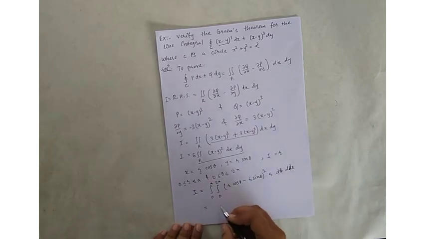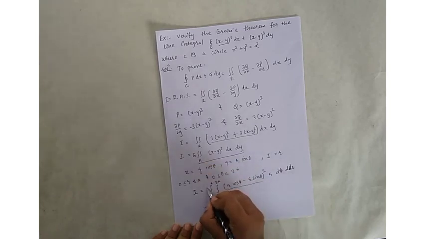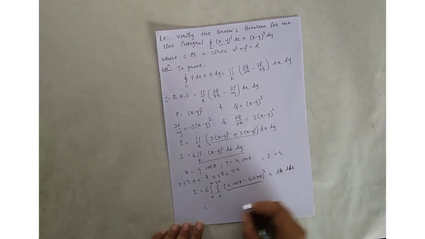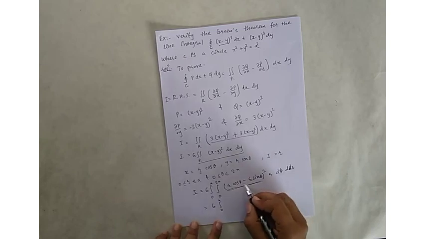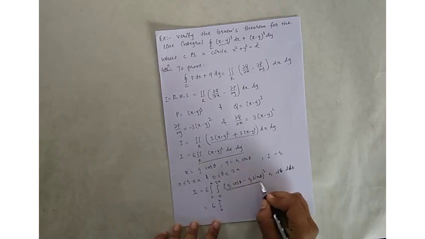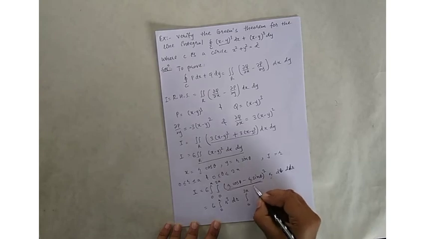So I is equal to, simplify this. Sorry, I forgot to write 6. So 6 into the integral from 0 to a, take r common, so that is r square and r becomes r cube dr, into the integral from 0 to 2 pi.